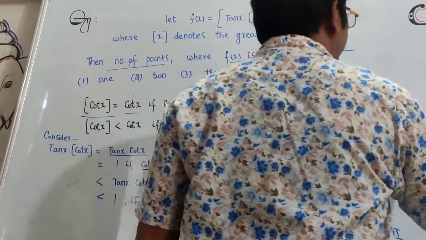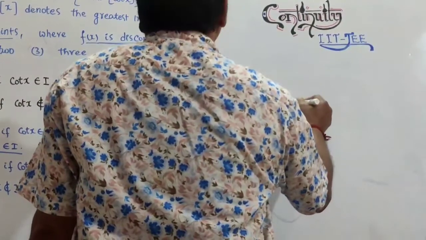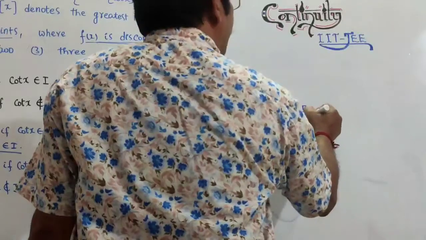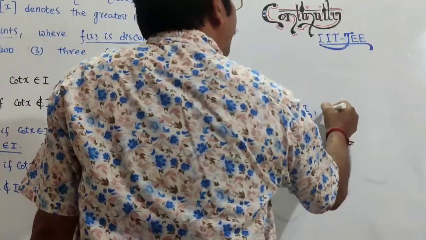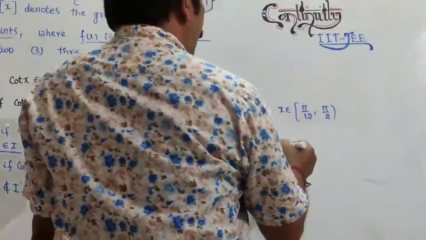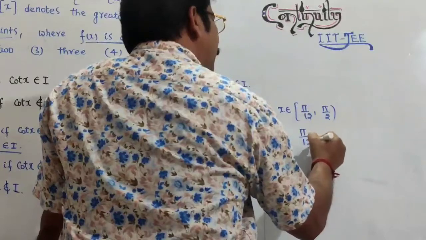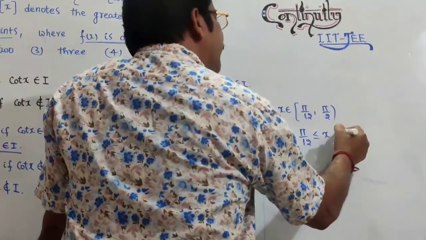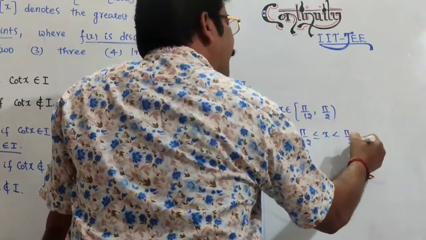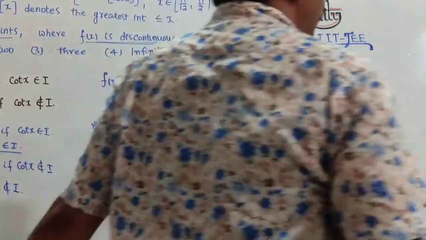For x belonging to the closed interval pi by 12 comma pi by 2 open, that is pi by 12 is less than or equal to x is less than pi by 2. Apply cot on both sides.